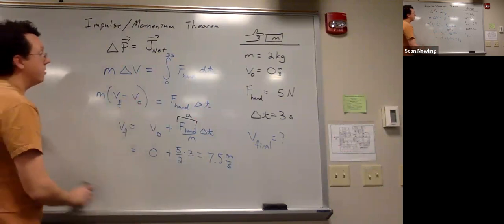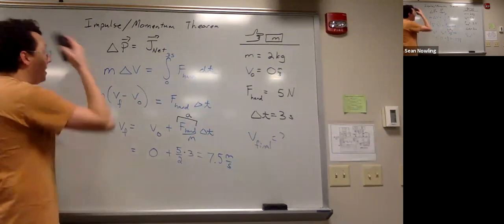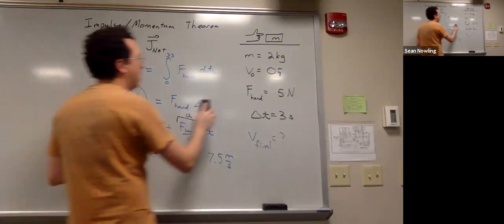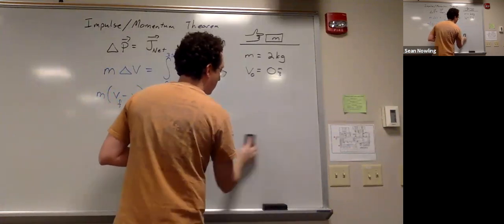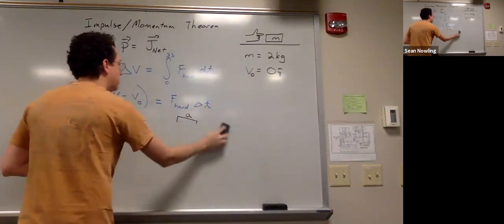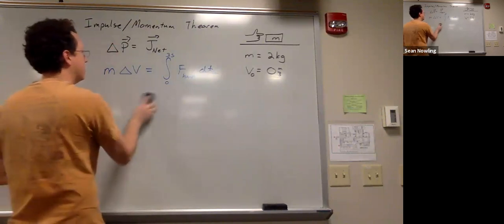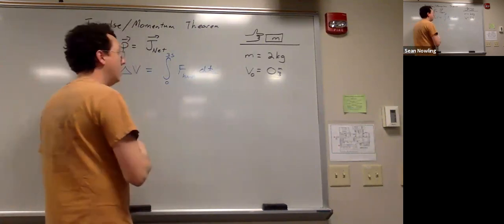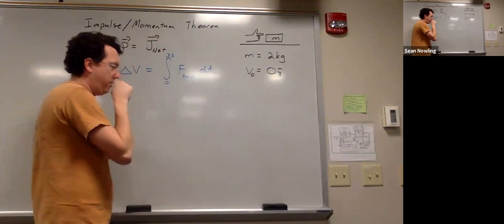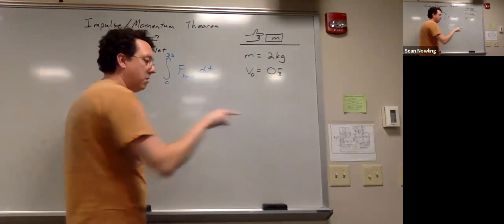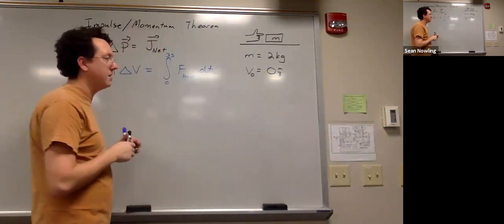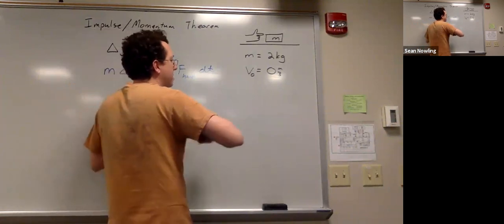All right, let's do another example. Let's say, rather than having a constant force, let's assume I had a variable force. Let's assume that my force from my hand starts small, peaks, and then goes back to 0. And I'm going to give you the information graphically.